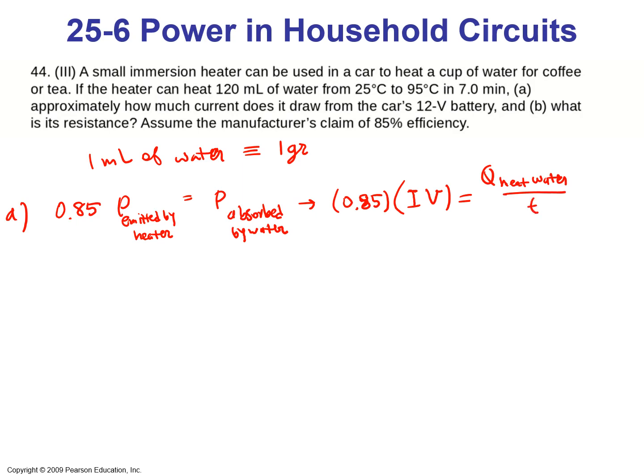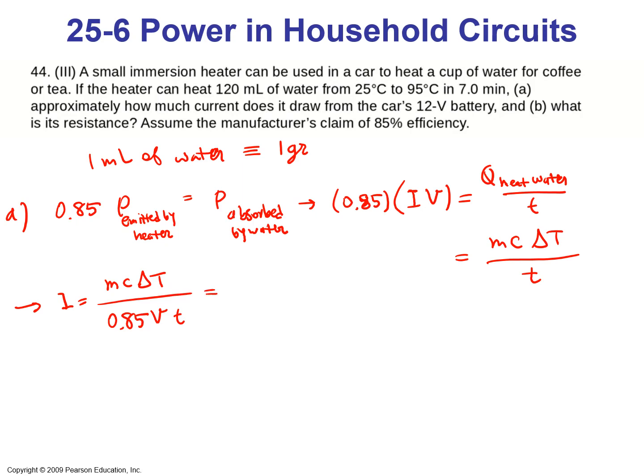And the Q for heating water is the mass of water times C times delta T, divided by time. So we can solve it for the current. I is equal to m C delta T divided by 0.85 times V times t, where t is time.